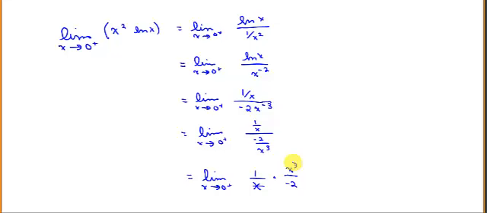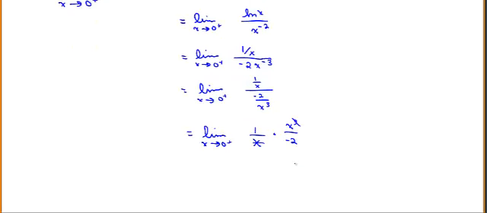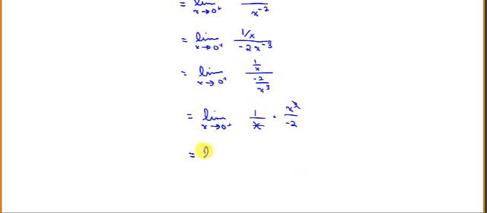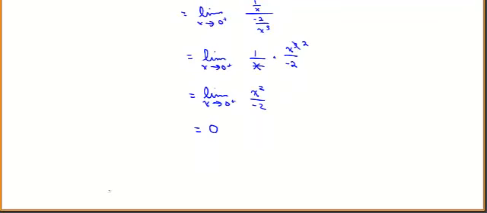And notice one of the x's cancel. And I'm left here now with the limit as x approaches 0 from the right of, I think there would be an x squared left here, x squared over negative 2, and that's simply going to be 0. So this limit would have turned out to be 0.